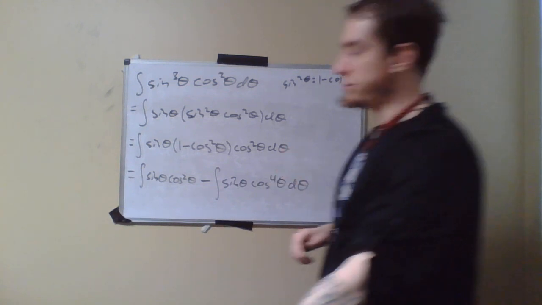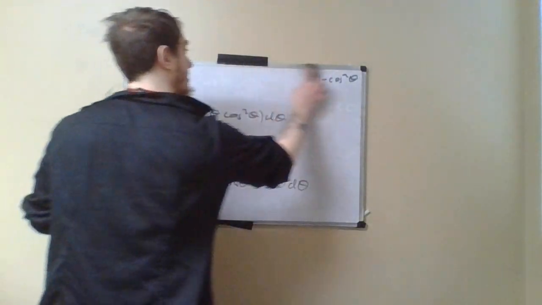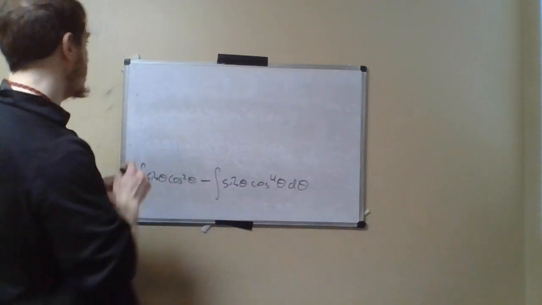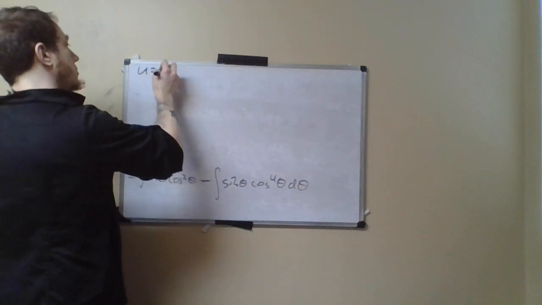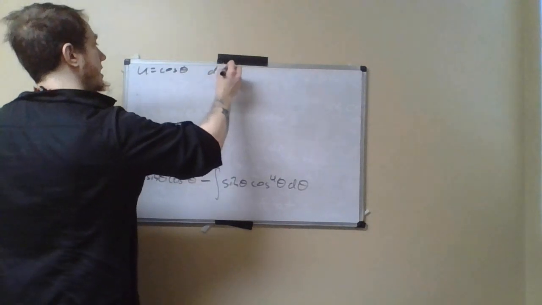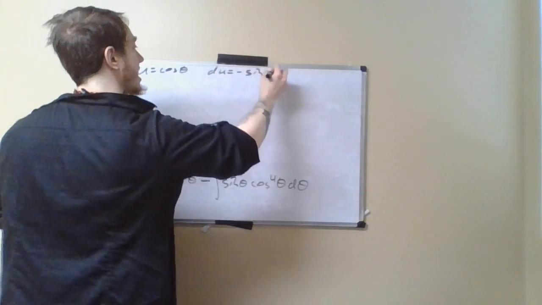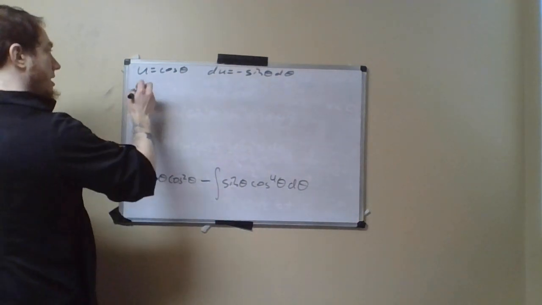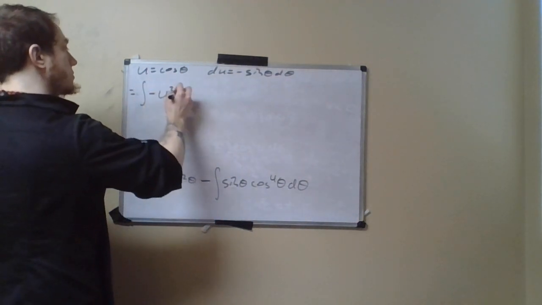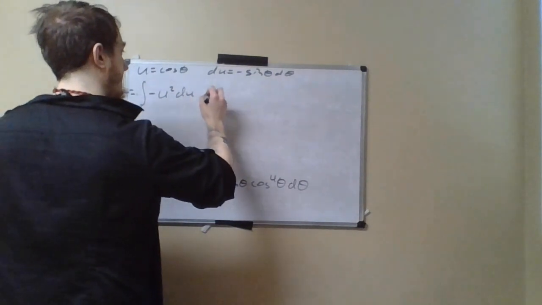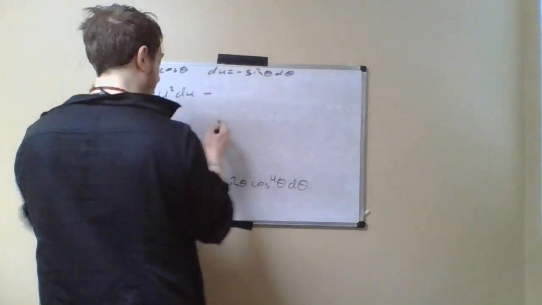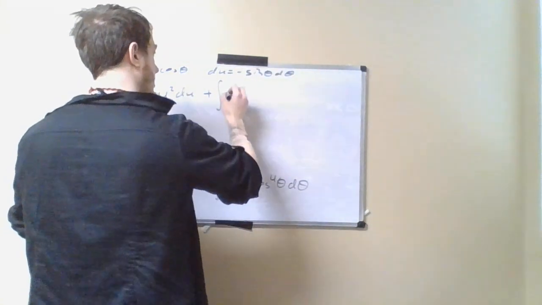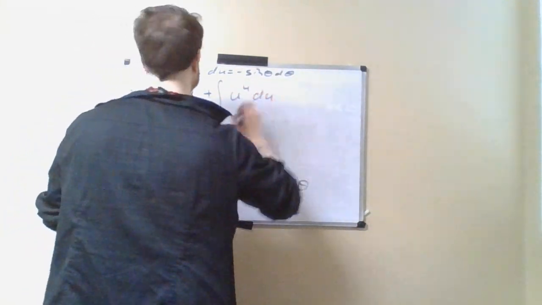All right, so what were you able to do? For both of these, the substitution that I make is going to be the same. I'm going to make the substitution u equals cosine theta, du is negative sine theta d theta. So these integrals are going to become the integral of negative u squared du minus, actually plus, because the two negatives cancel, the integral of u to the fourth du.